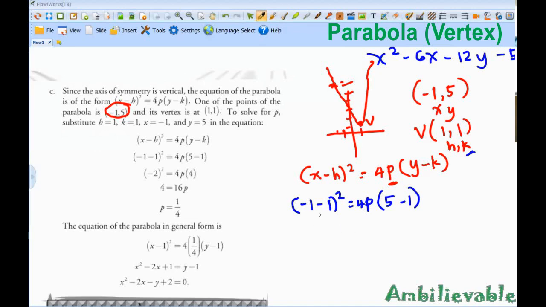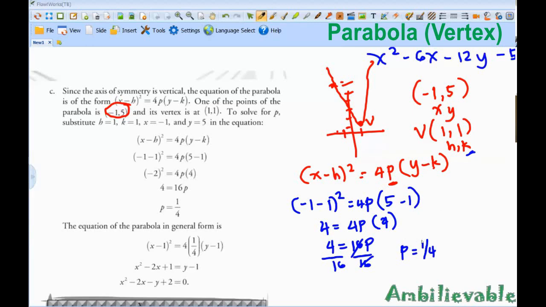So negative 2 squared is 4, equals 4p. And then 5 minus 1 is 4. So 4 equals 16p. So divide by 16. So that's why p is equal to 1 over 4. So as you can see that p is bigger than 0, then the parabola opens upward.